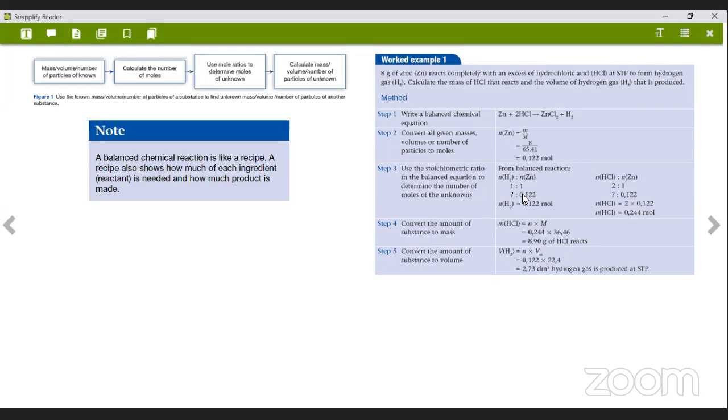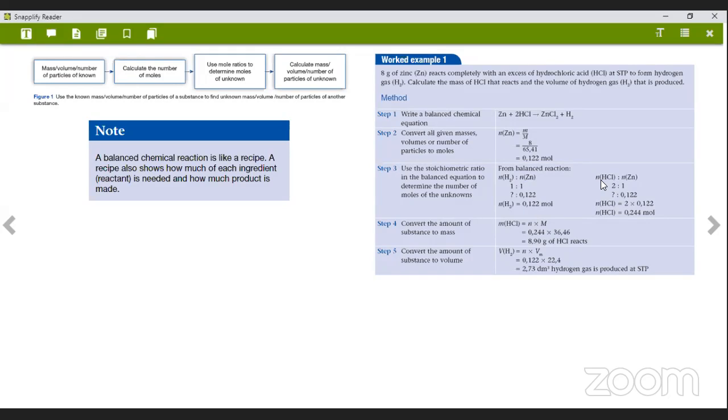And then it's going to be 0.122, and this is going to be the n of H2, and this is what the answer is going to give us. I hope you guys understand how we got it. But we will be doing another problem later on, just before the class ends.